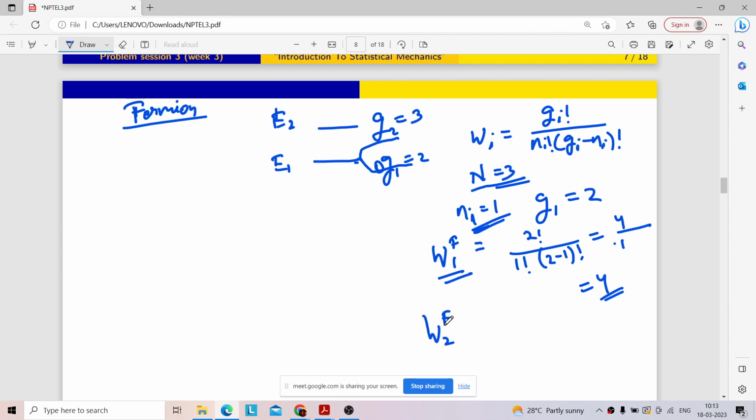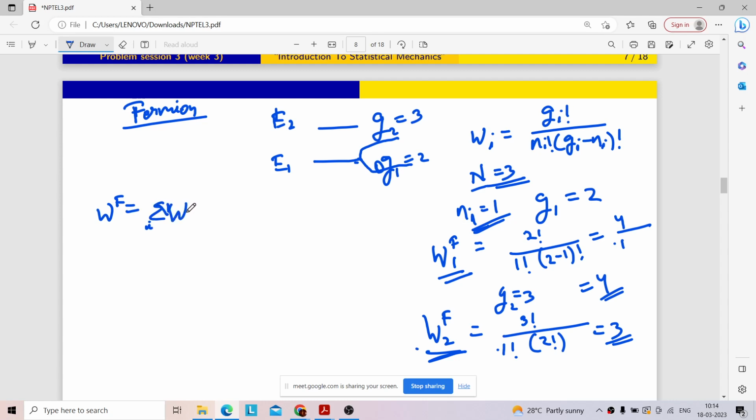W2 for fermion. For the second case, G2 is 3. So this will be 3 factorial divided by 1 factorial, then (3 minus 1) factorial, which is 2 factorial. So I have 3 microstates for the energy state 2. So what will be the total number of microstates for fermion? This will be the summation over this Wi. So this is 5. So I have 5 microstates for fermions.